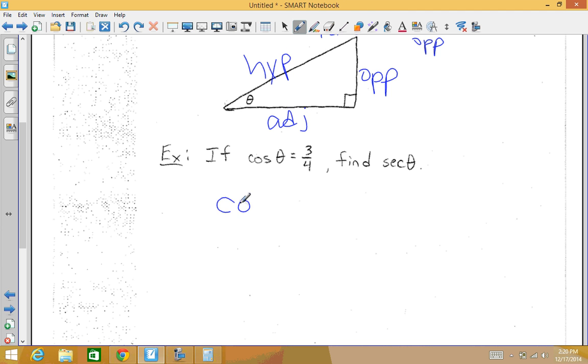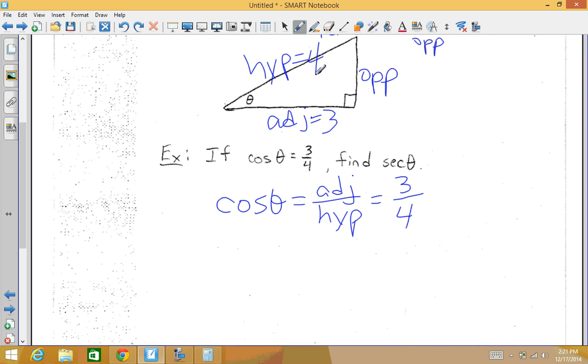Cosine represents two of those sides. Cosine is the adjacent over the hypotenuse. And since cosine is 3 over 4, then we can say the adjacent side is 3, and the hypotenuse is 4.